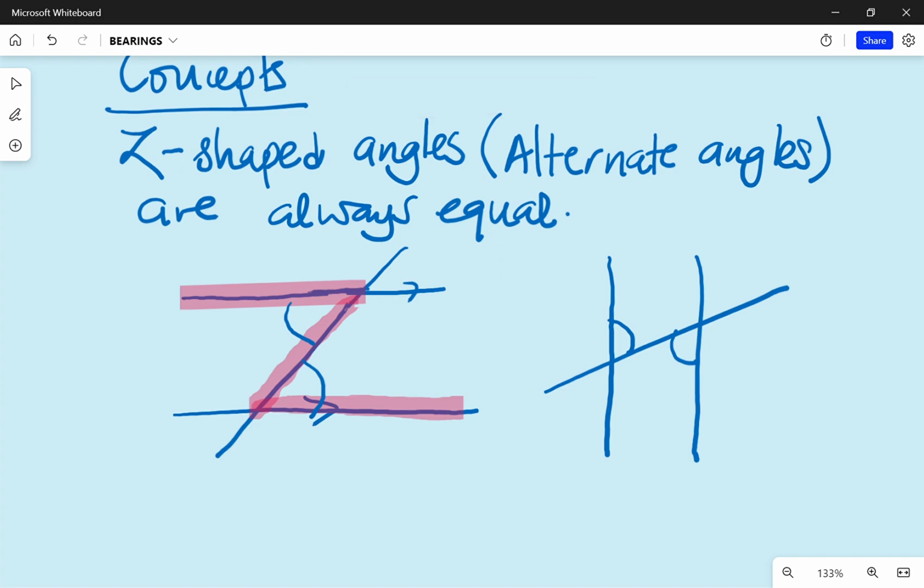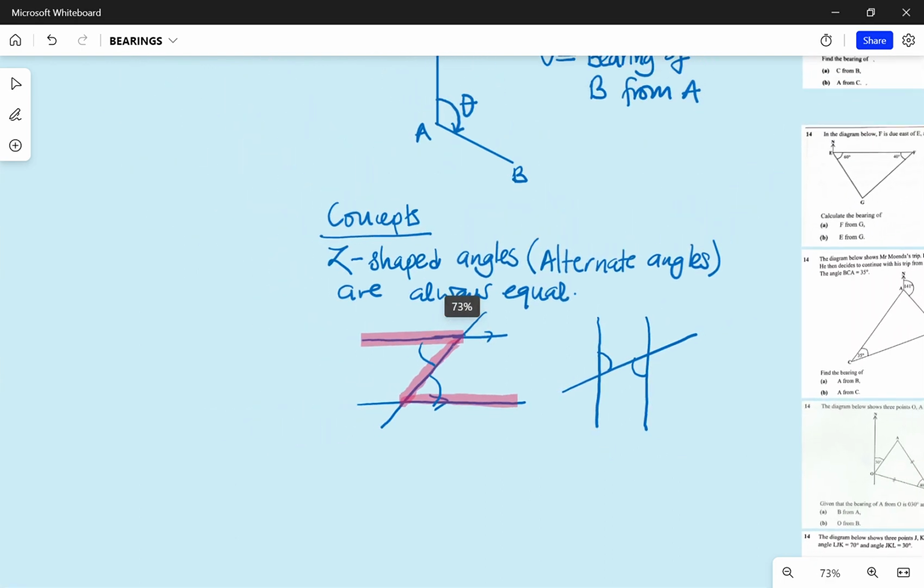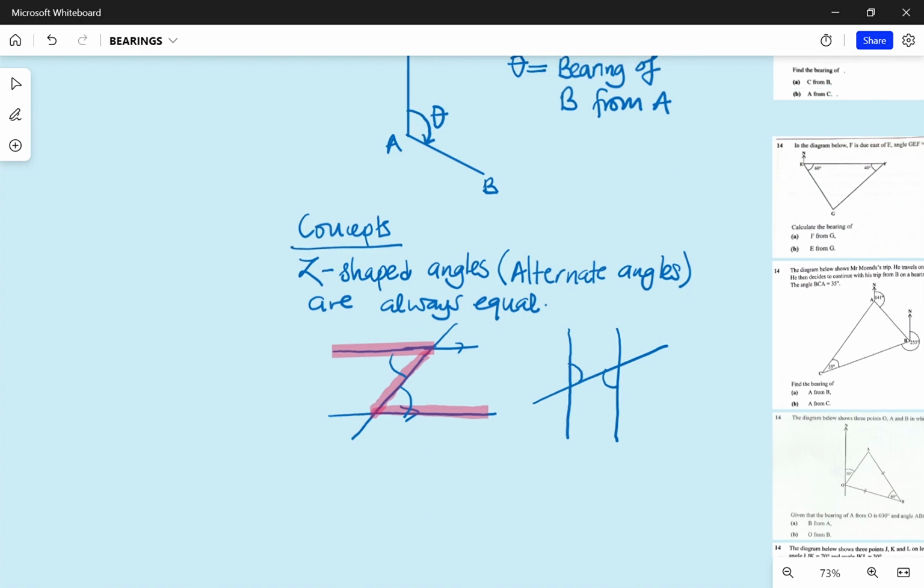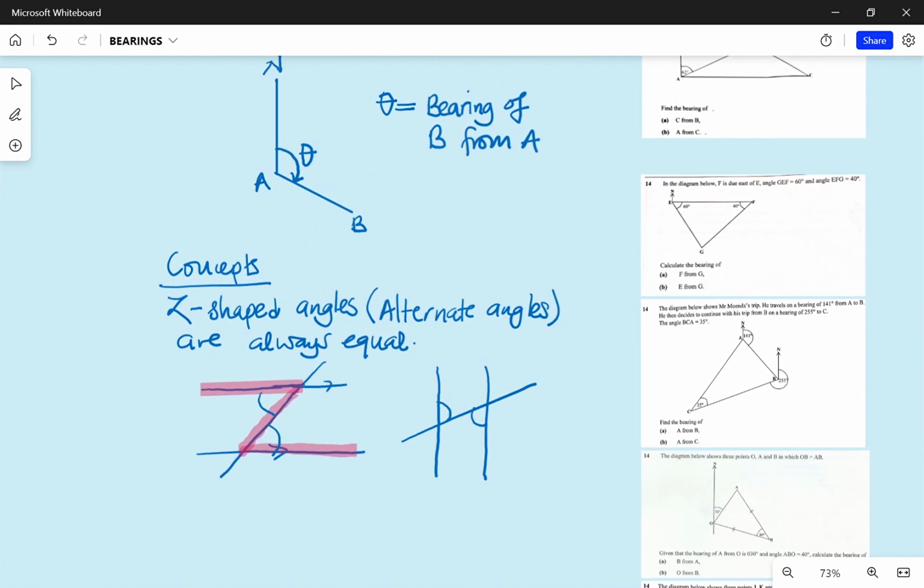Okay, so let's just create space for exam questions there. Let's create some space for exam questions that are right on my side there.